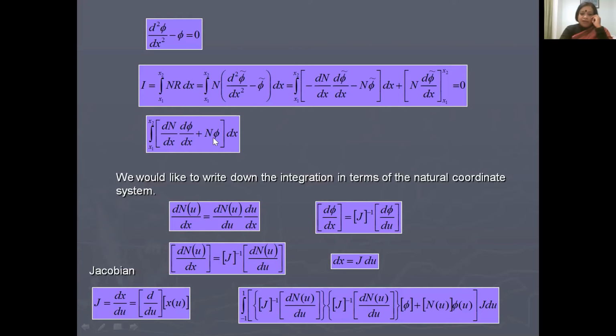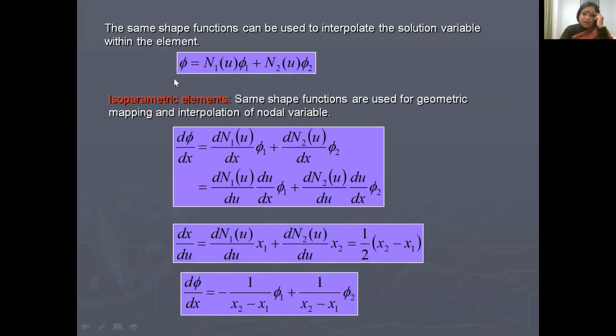I need to evaluate n into phi. N is a function of u, and phi is now a function of u because phi is n1 phi 1 plus n2 phi 2. So phi(u) will have to be written as phi equal to n into the nodal vector phi 1, phi 2.